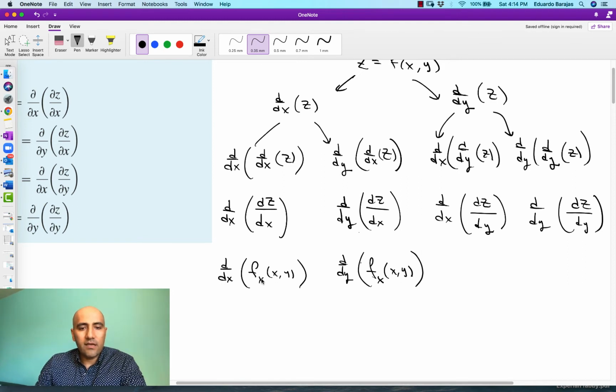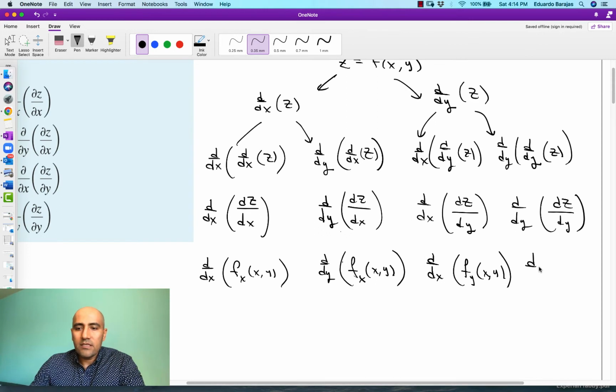So d dx of the f sub x, or d dy of the f sub x. This is d dx of the f sub y of x comma y. Finally, this is d dy of the f sub y of x comma y. Okay, they all mean the same thing so far.